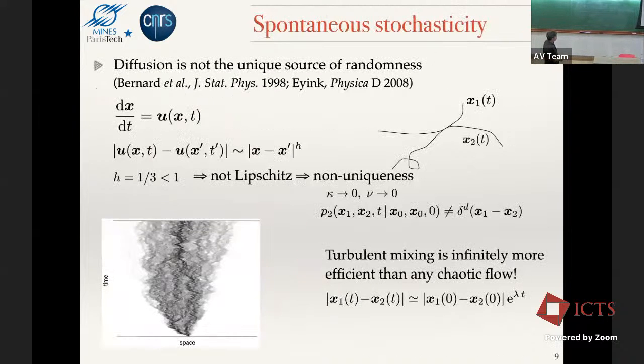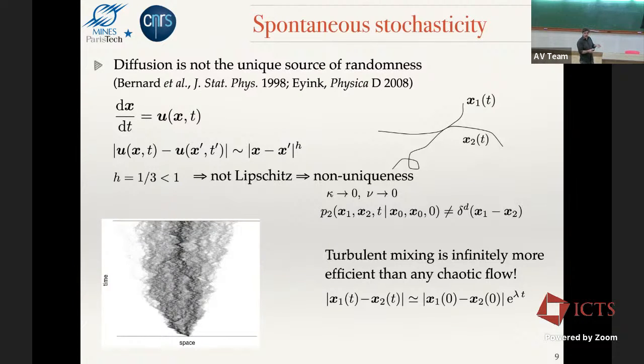For 2 points, non-uniqueness can be expressed in a very clear manner. Assume that we are considering such a solution. Forget about diffusivity for the moment. We are considering solutions to that. What we know is that typically the spatial variations of our velocity fields behave like a power of the separation, like that, where h in our turbulent case is of the order of 1/3.